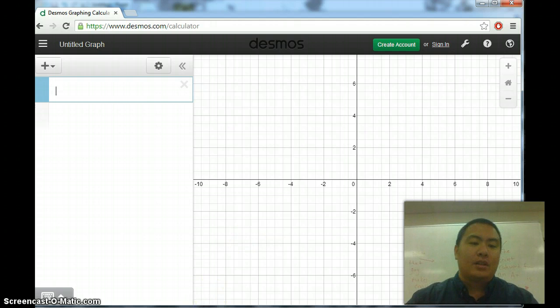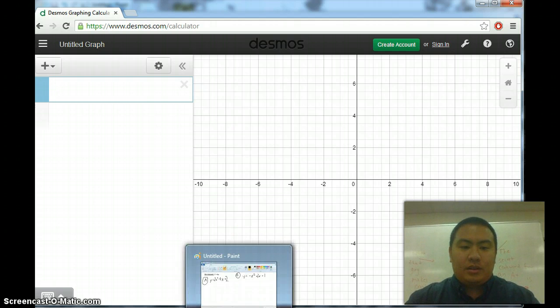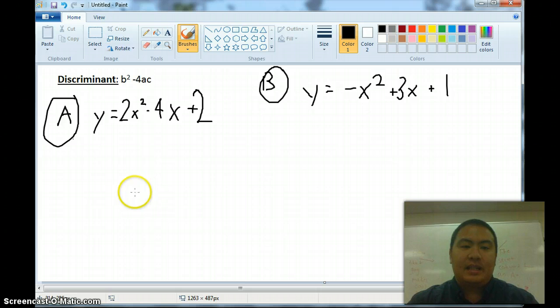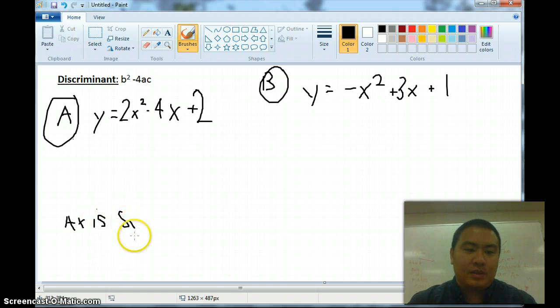All right, so here are your Chan Academy questions, A and B. I just want you guys to find the discriminant, and actually I want you guys to find the axis of symmetry too. So I'll do both of them. So axis of symmetry. What does that mean?